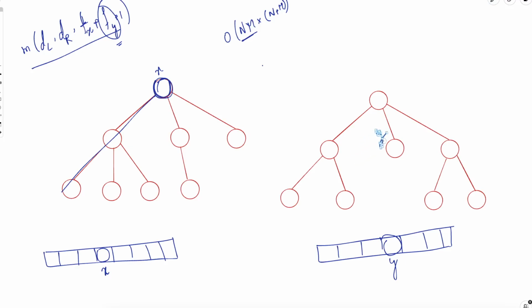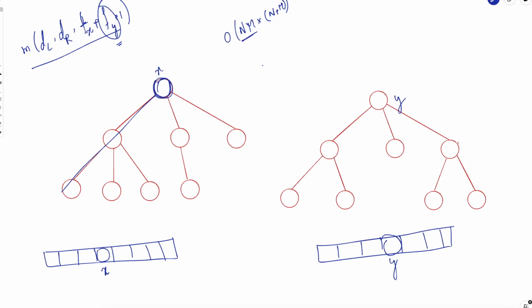So what will be your best y? Best y would simply be the y with the minimum value of fy. Why? Because you want to minimize this entire expression, and this entire expression will be minimized if this entire thing is minimized, right? And to minimize the entire thing, you need fy to be the minimum possible, right?